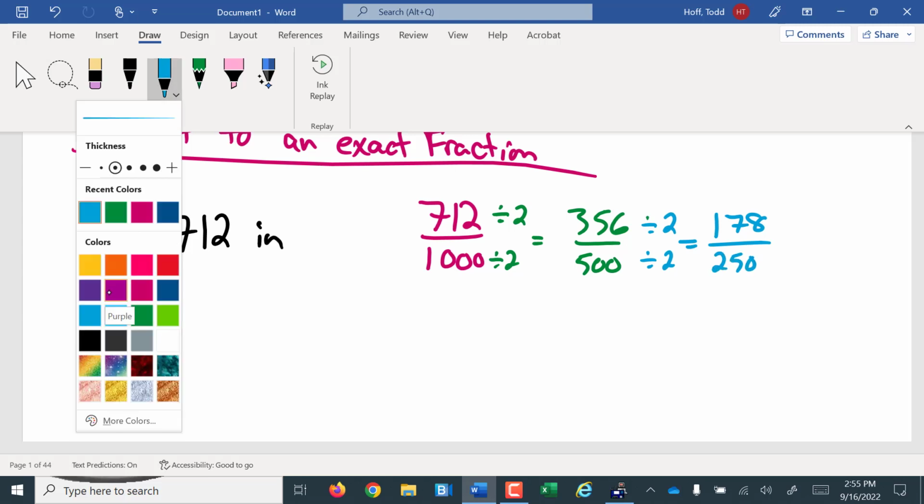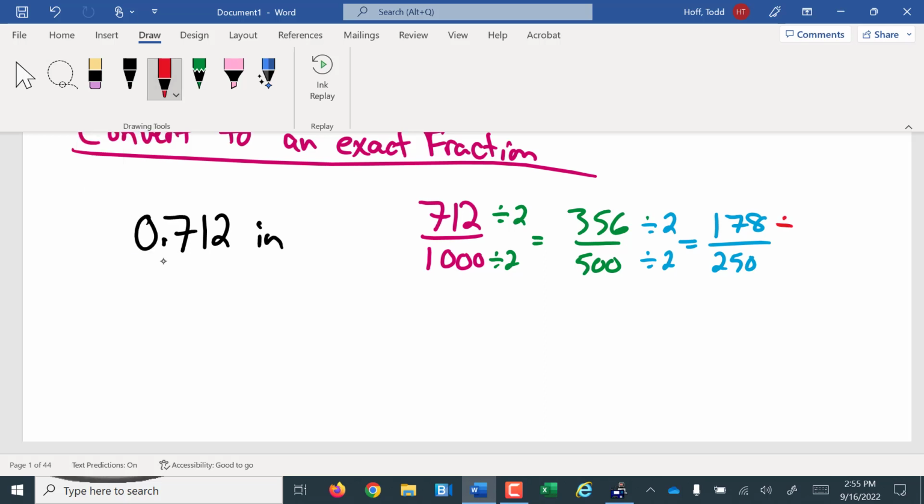Can we divide by anything else? They're both still even. Divide by 2. 178 divided by 2, 89. 250 divided by 2 is 125. That's where we stop. Well, 89/125 doesn't do us a lot of good in construction.